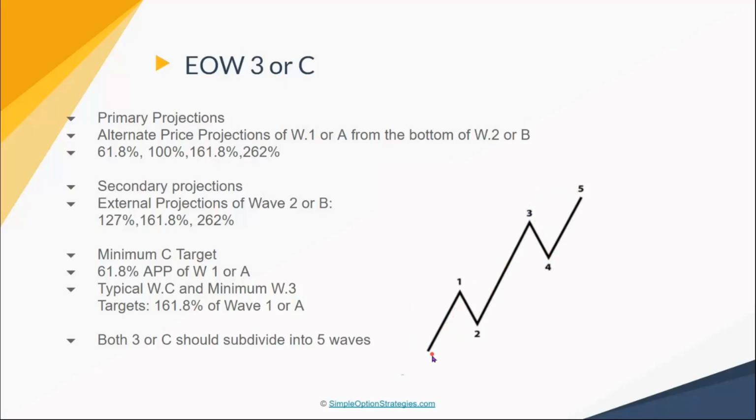So that's what an alternate price projection is, as opposed to an external projection, which I'm taking 3 versus 4 and measuring like 1.27, 1.60, 1.8 above here. So that's the difference. So this is an alternate price projection, and from 3 to 4 is an external price projection. And the way you use that on your platforms, this is what gets confusing. For instance, TOS calls these extensions, but what we use is alternative price projection.